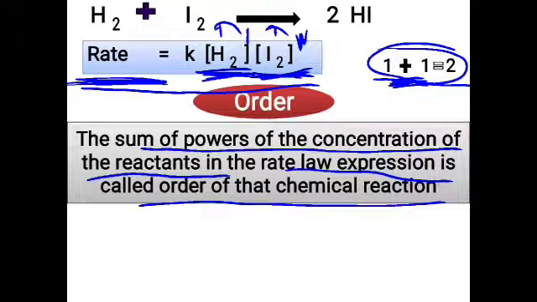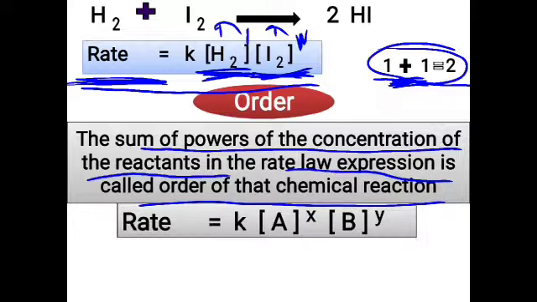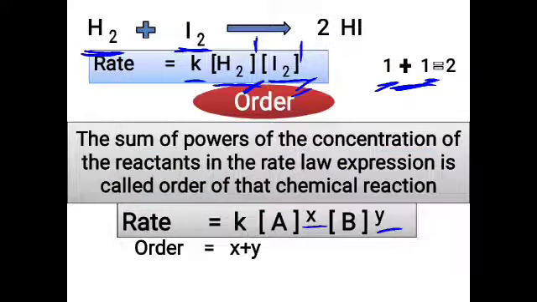If you have a general reaction with rate equal to k times concentration of A to the power x and B to the power y, where x and y are the orders, the overall order will be x plus y. If you have only one reactant, whatever power you get will be the order. Now, order you have studied can be a whole number, like 0, 1, 2, and it can go on like that.